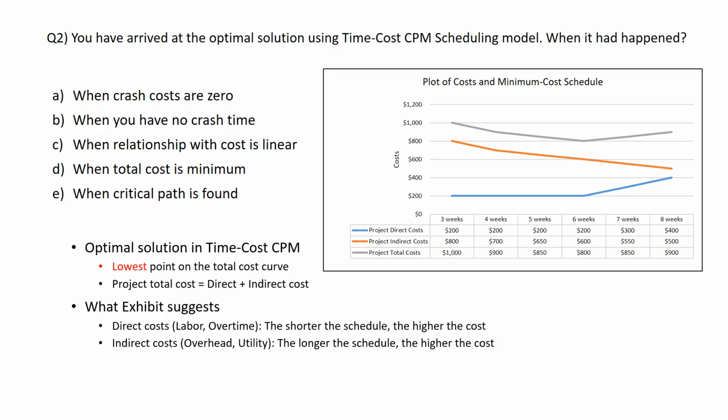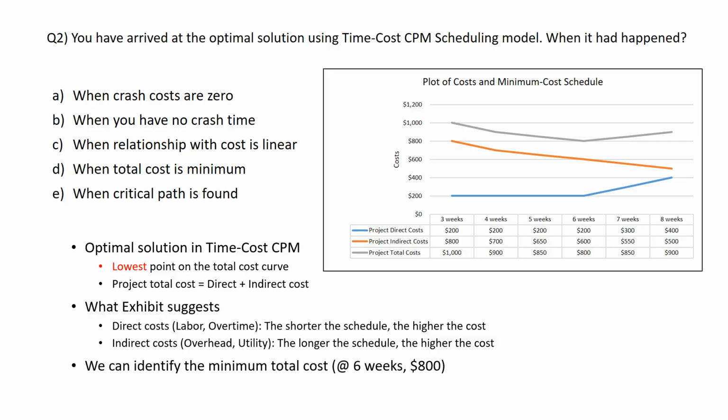So direct costs have to do with crashing and putting more people, and then adding the overtime to reduce the duration of the project. And then indirect costs, it basically does not change as you see from the blue line, but the longer it takes, because of the overhead and then utility costs and etc., the cost will be added.